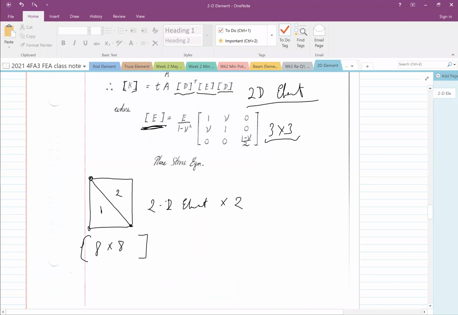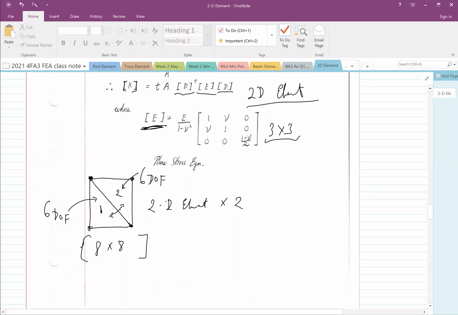Because each element has 6 degrees of freedom, but these elements also have 6 degrees of freedom. However, we are sharing 2 nodes for both of them. They share 2 nodes, so they share 4 degrees of freedom.